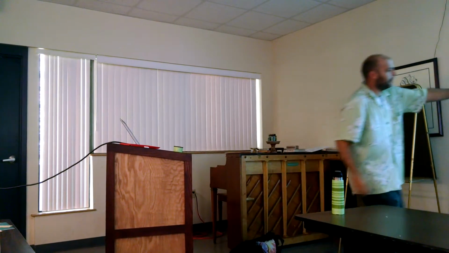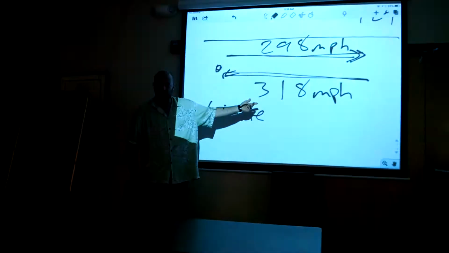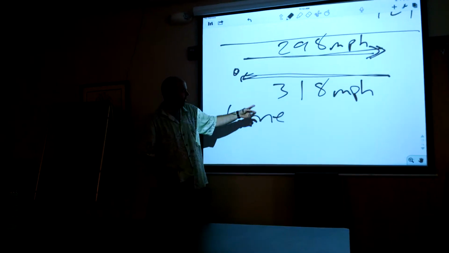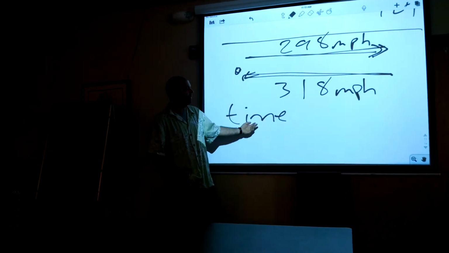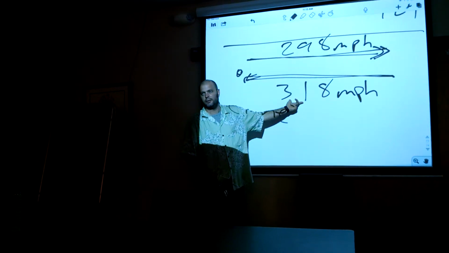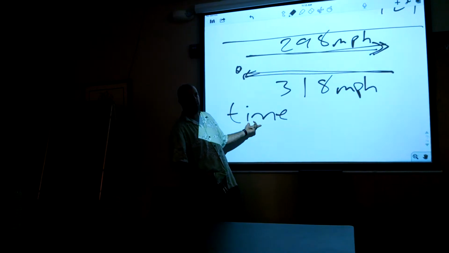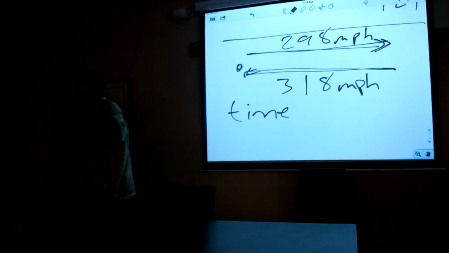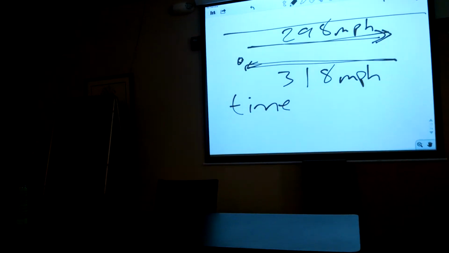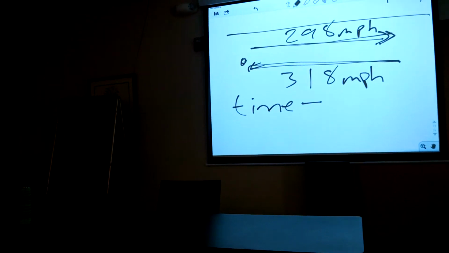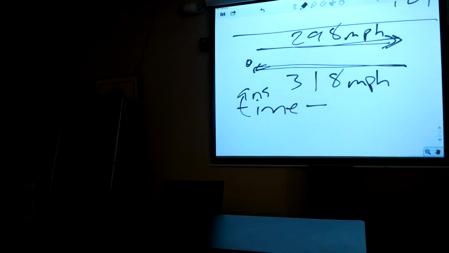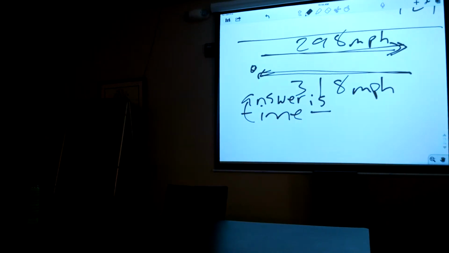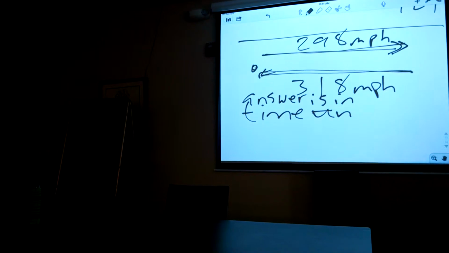That could mean how many hours. It could mean distance also, right? Either way, if I know the time, I know how long I traveled. If I know the distance, I know how long it took, because I know the rate. So I'm going to look for a time, because it'll be easier. So I should put the answer in time units.